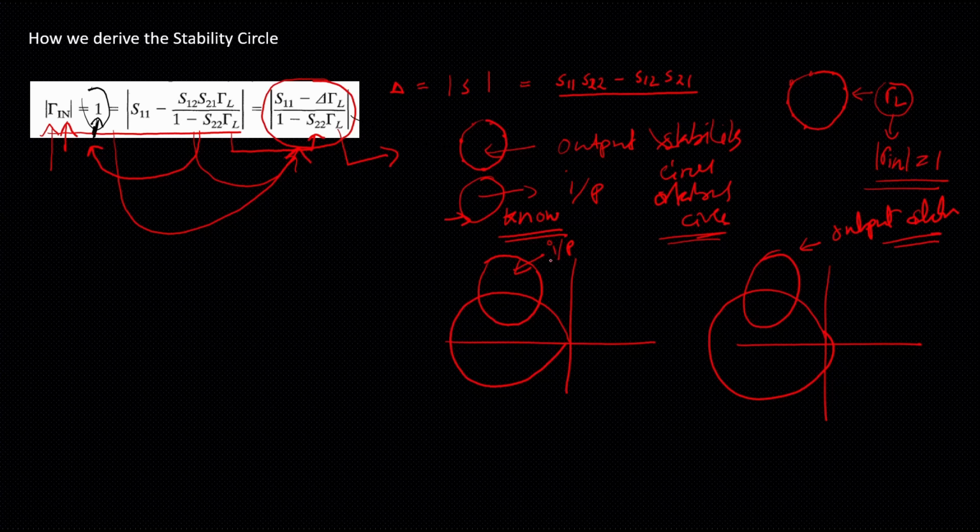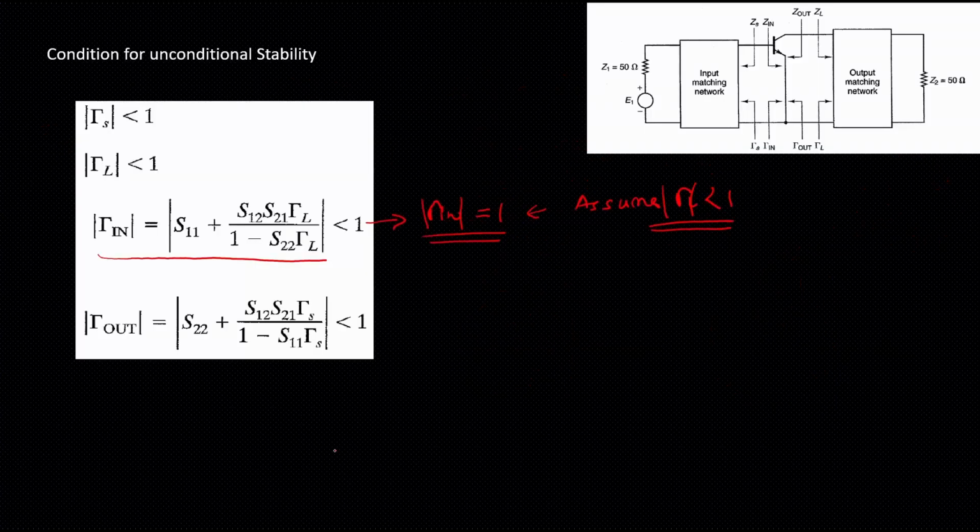Which equation will the input stability circle come from? Input stability circle will come from this equation, because gamma S is here, and designing an amplifier implies selecting your gamma S and gamma L, where you select gamma S in the input part and gamma L in the output part.